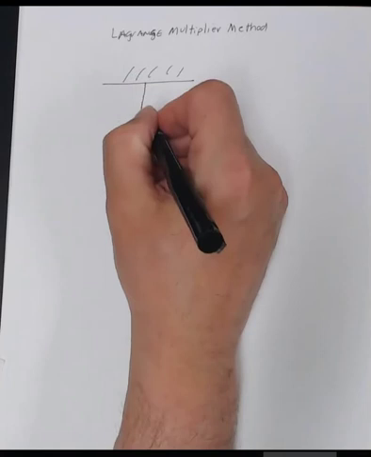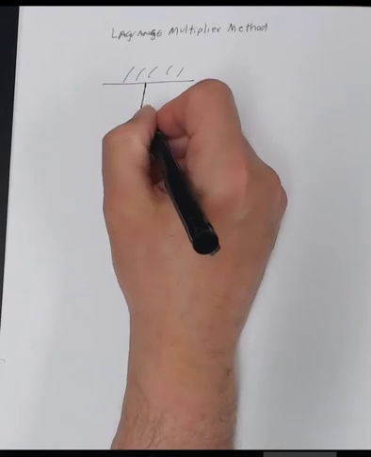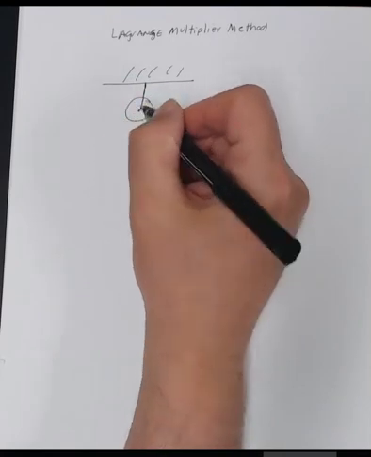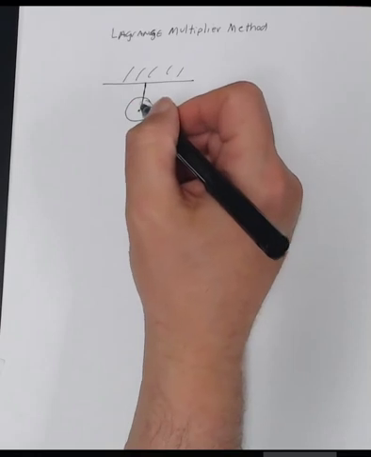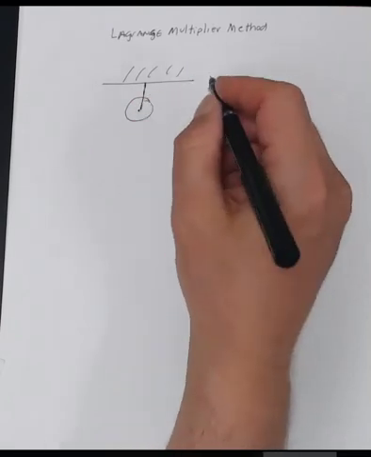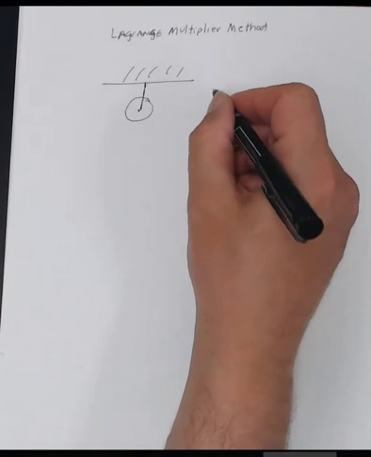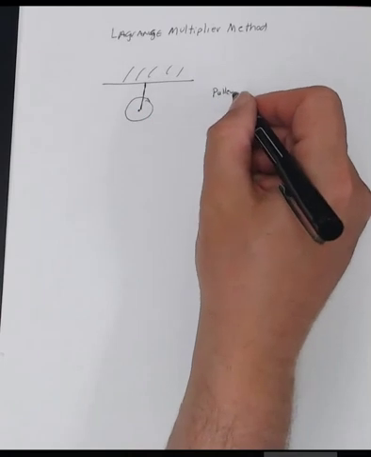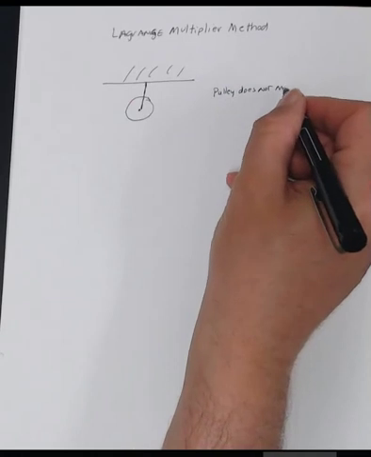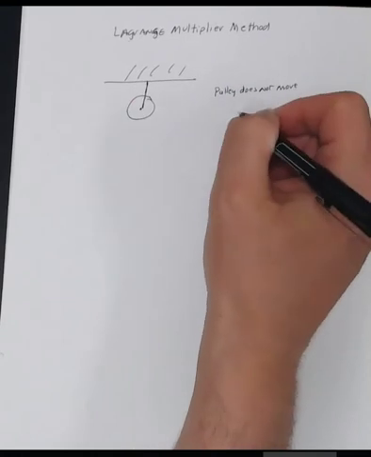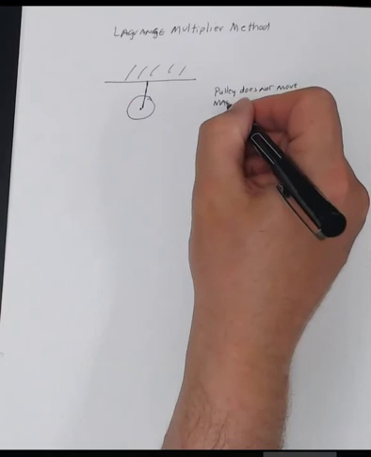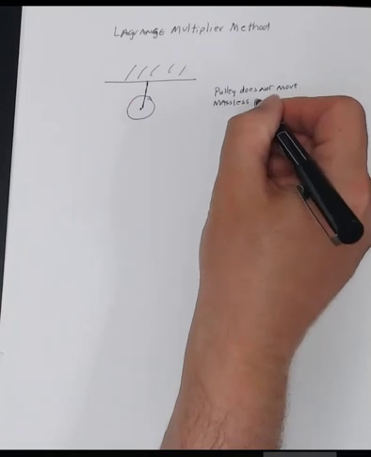Here's a support that doesn't move. And we have a pulley here. Okay. So we're going to simplify things like we did back in your beginning physics. We're going to say our pulley does not move, just because I want to simplify it a little bit. Pulley doesn't move. It's massless. Massless pulley.